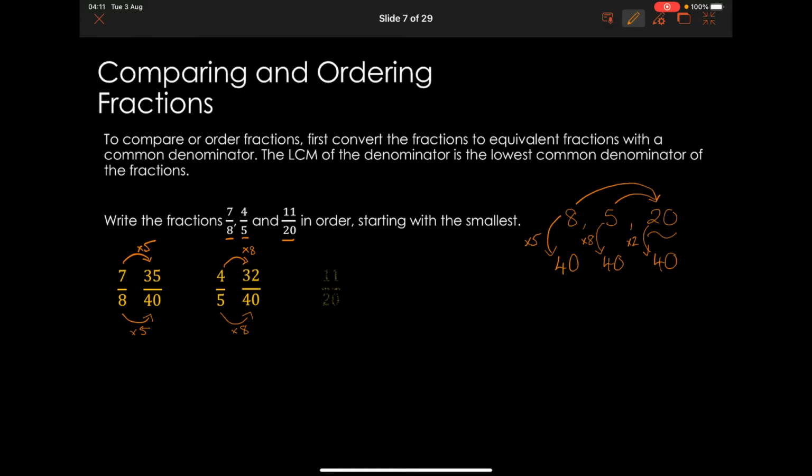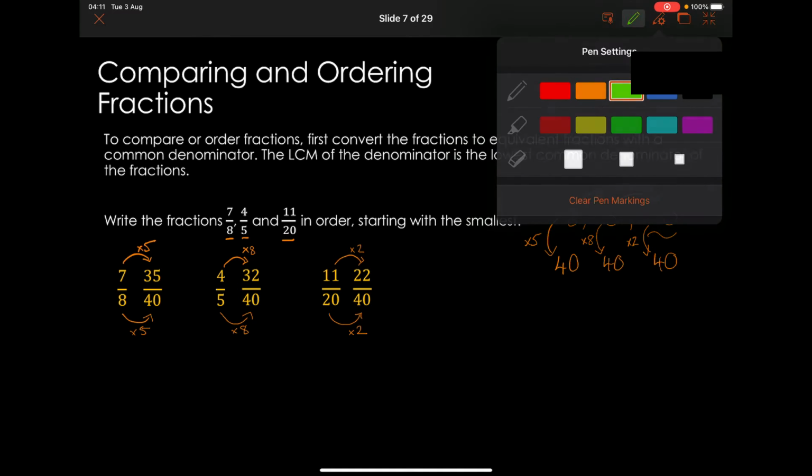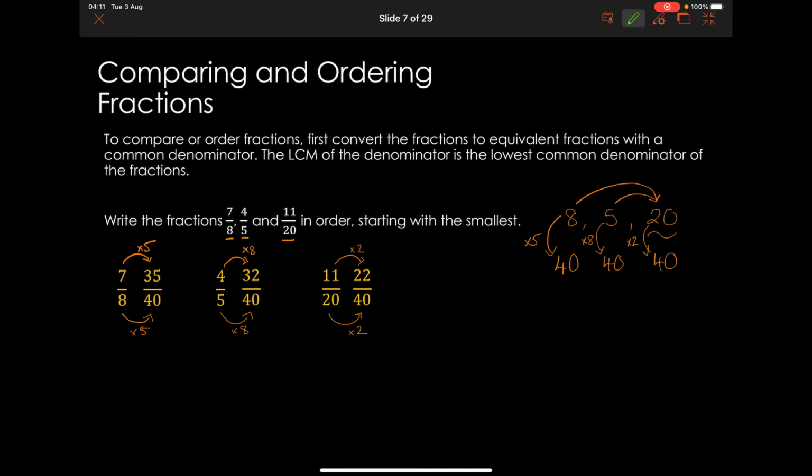And then finally, 11 over 20, my equivalent fraction to 11 over 20 is 22 over 40, because in order to get 40, I had to times that by 2, so 20 times 2 is 40, so 11 times 2 is 22. Now from there, we can now see which fractions are the biggest or the smallest.